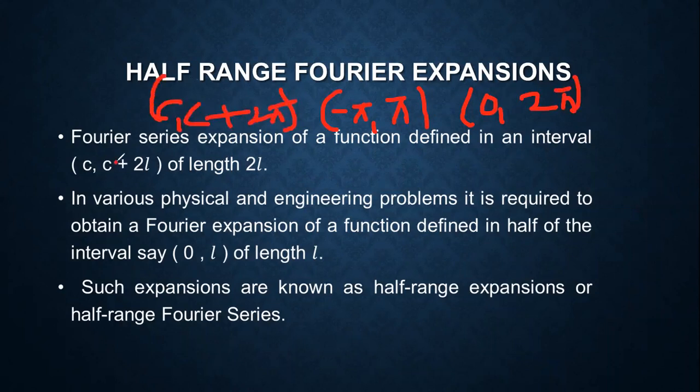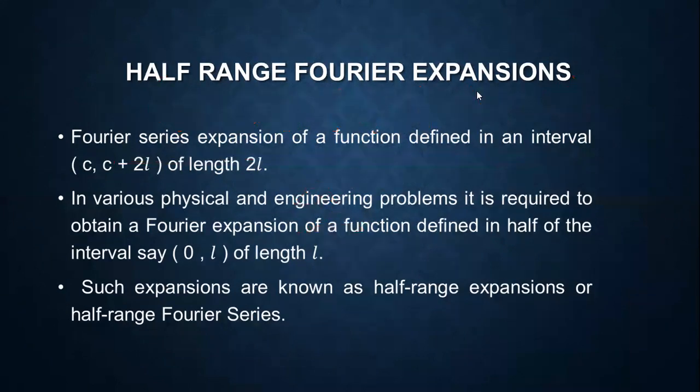What is the length of the interval of these three? The length of the interval is 2 pi only. But in most engineering problems, the period of the function to be expanded is not always 2 pi. Sometimes it may be represented by some other quantity, L, where L is the length of the interval.